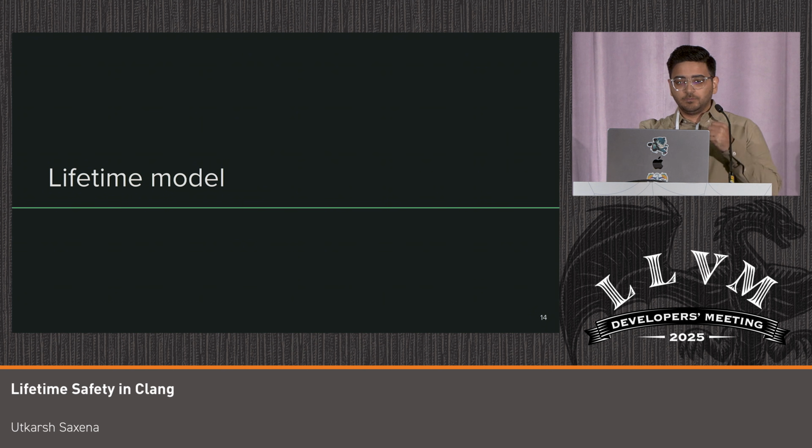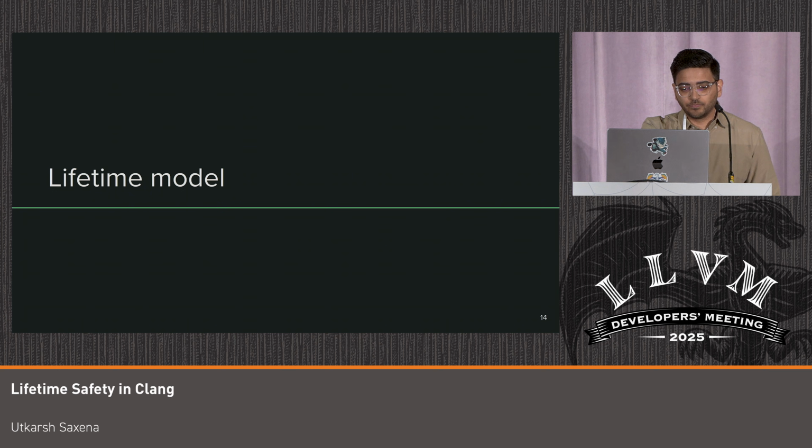Now let's define a lifetime model and certain terminologies that would be required to answer these questions that we care about, the three questions that we were already looking at. The lifetime model that will be introduced is inspired by the Polonius borrow checker model, but adjusted to the needs of C++.